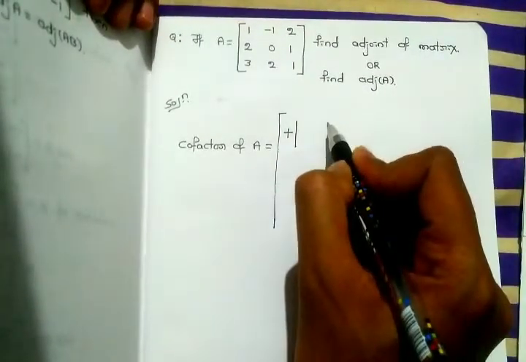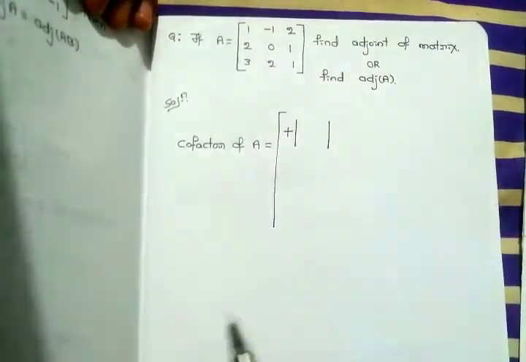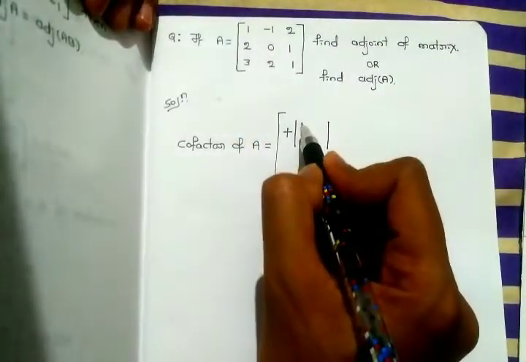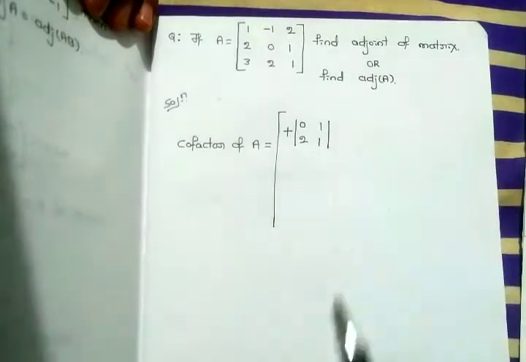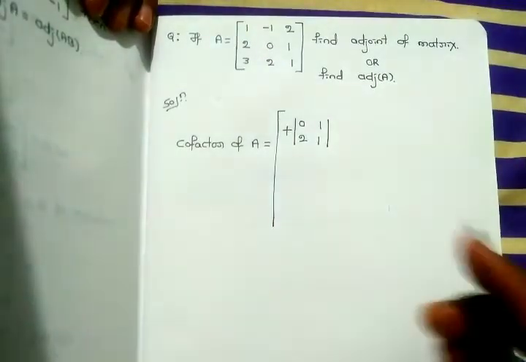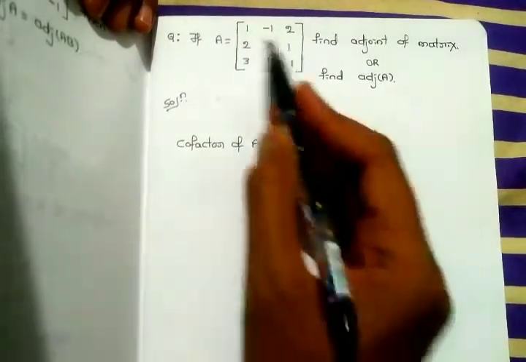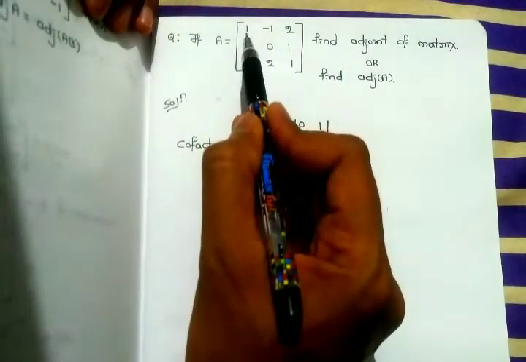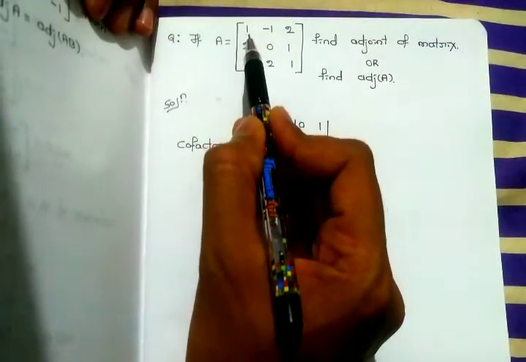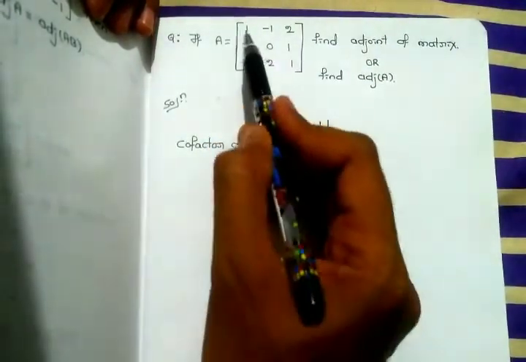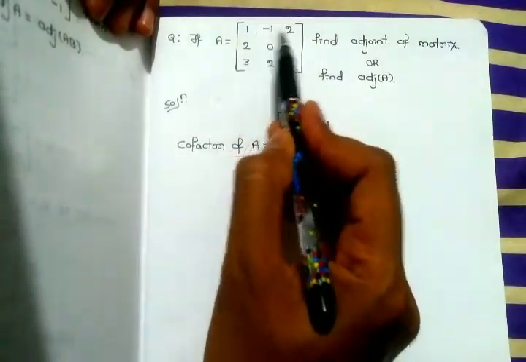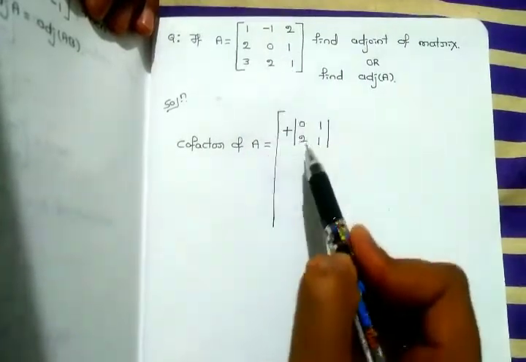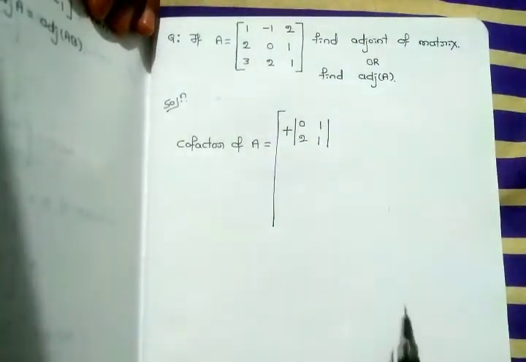So keep the second order determinant symbol and note down the values 0 1 2 1. This is the first element's cofactor, but you should not write the 1. Leaving 1, you have to write the remaining elements in second order.